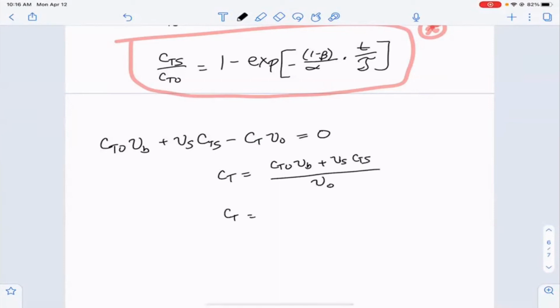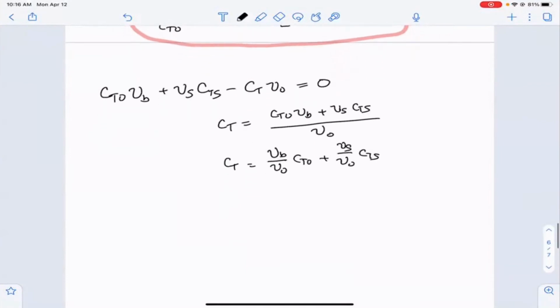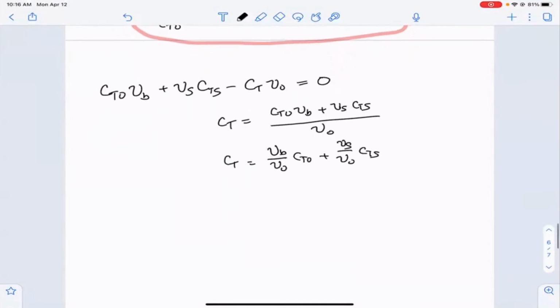This is the same step we did in the previous one. This is just V_B over V_0 times C_T0 plus V_S over V_0 times C_TS. I'm going to divide both sides through by C_T0, so I get C_T over C_T0 equals V_B over V_0 plus V_S over V_0 times C_TS over C_T0.